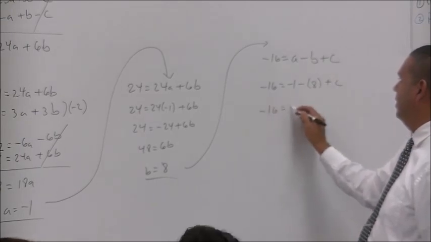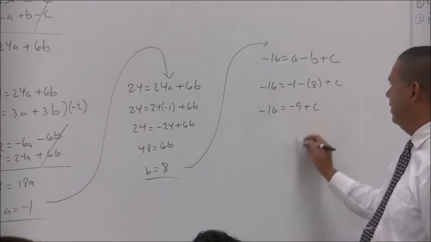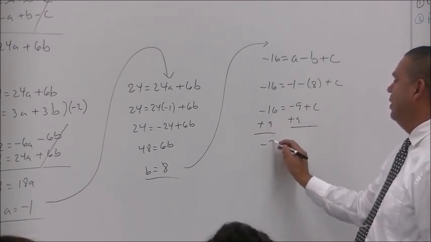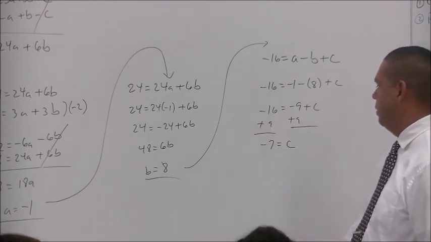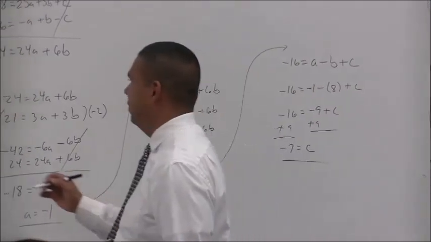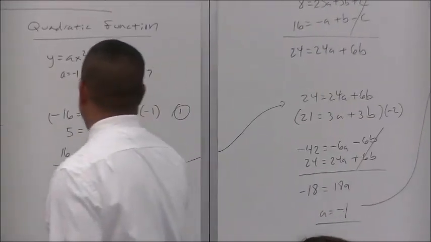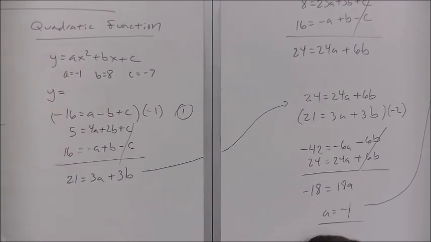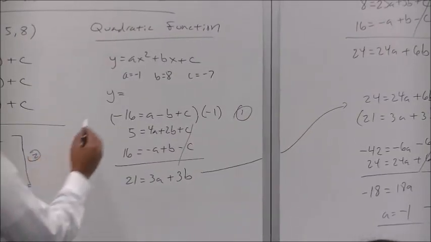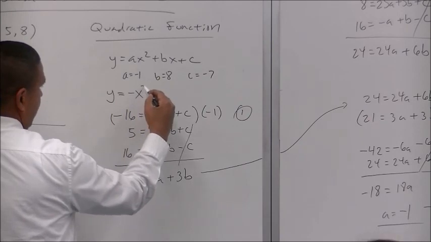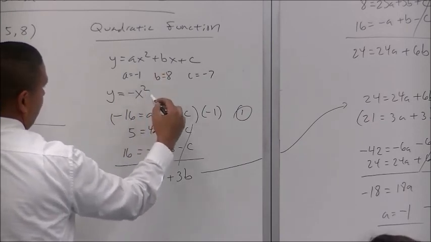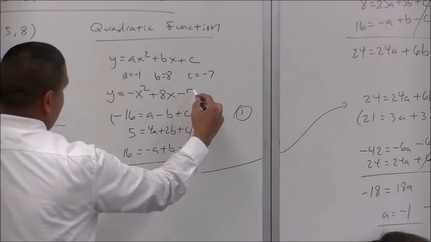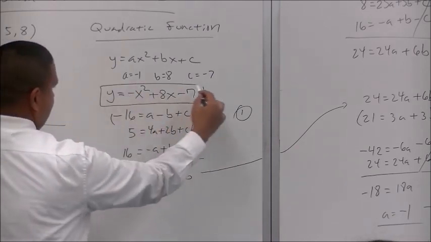So negative 16 equals negative 9 plus C. Add the 9. So negative 7 is C. So what is our function going to be? Y equals negative x squared plus 8x minus 7. There it is.